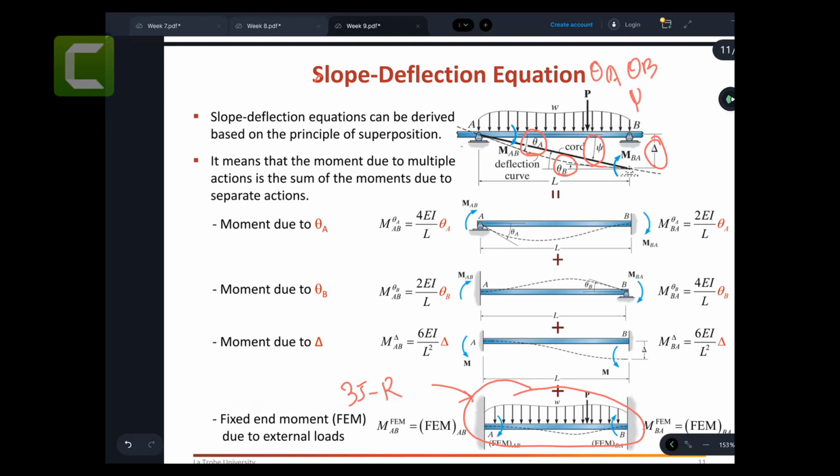Can you please tell me the kinematic indeterminacy of the structure here? 3j minus r is the kinematic degree of indeterminacy.